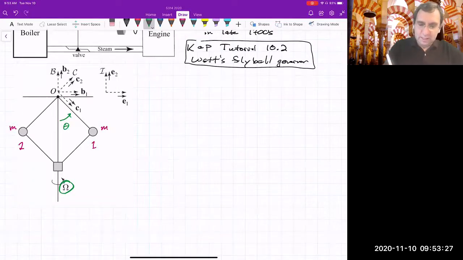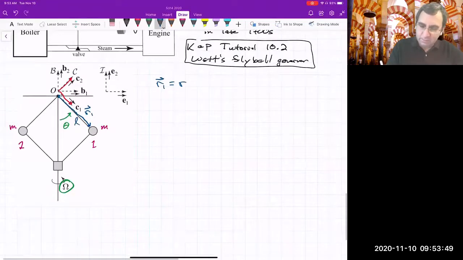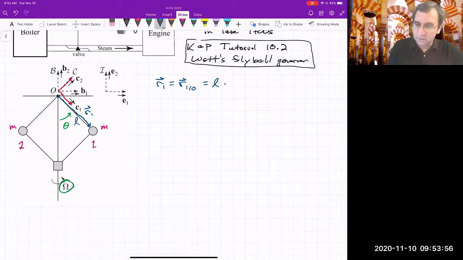We've got this C frame, where C1 is aligned from this inertial point O to mass 1. So we'll call that R1. What is R1? We'll say that this has length L. So the vector R1, the location of mass 1 with respect to O, is L, a constant, in the C1 hat direction.